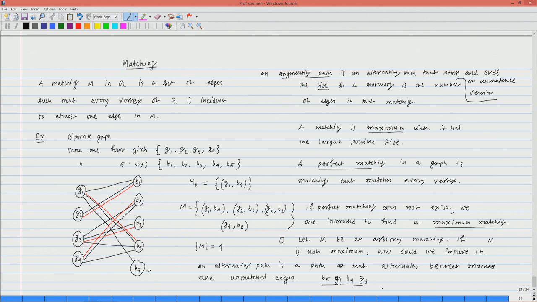Maybe in the next lecture we talk about augmenting path in detail, and we give an augmenting path algorithm to find a maximum matching in a bipartite graph. So, the augmenting path algorithm starts with an arbitrary matching or even a null matching.